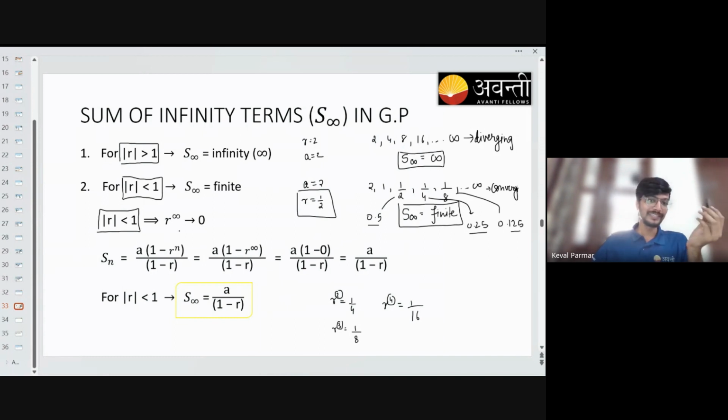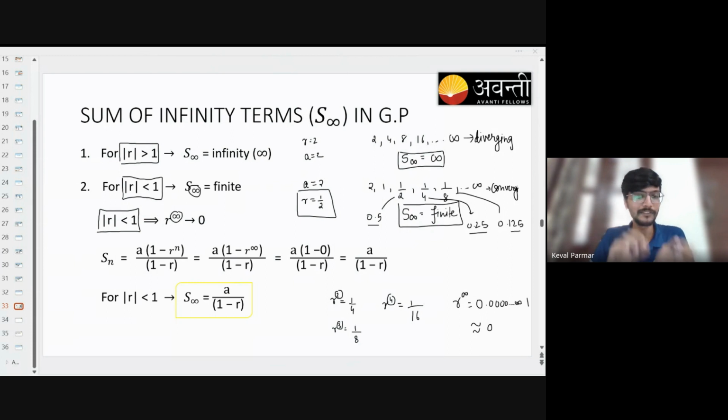Let's say I increase the power to infinity, because I want to find S infinity. Then R will be like 0.0000, infinite zeros and then 1, which we calculate as 0 only.